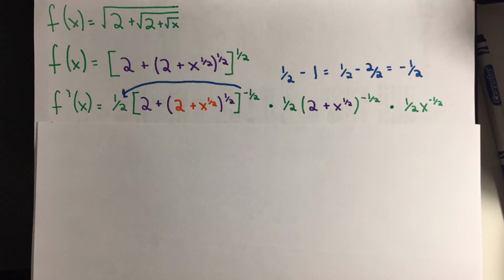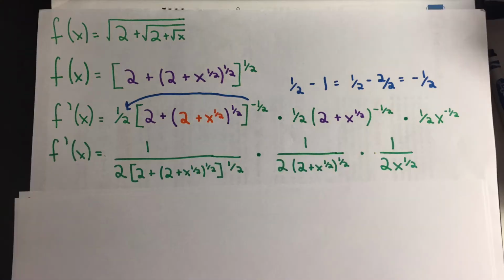So when we take the derivative of that chain, the derivative of 2 is 0, and the derivative of 2 plus x to the 1/2 raised to the 1/2 is 1/2 of all of that raised to the negative 1/2. The last thing I'm going to do is multiply by the derivative of the final chain, which is 2 plus x to the 1/2. The derivative of 2 is 0, and the derivative of x to the 1/2 is 1/2 of x to the negative 1/2.